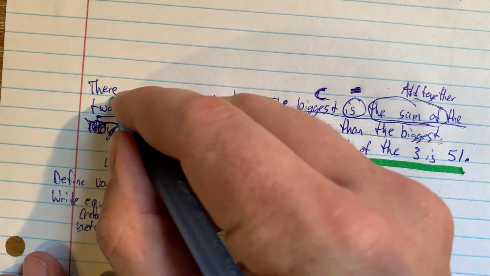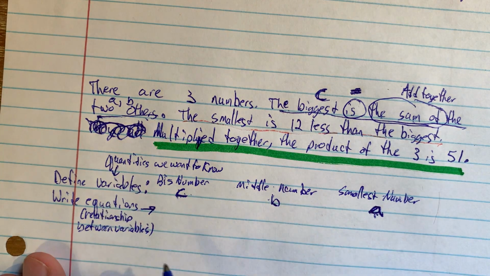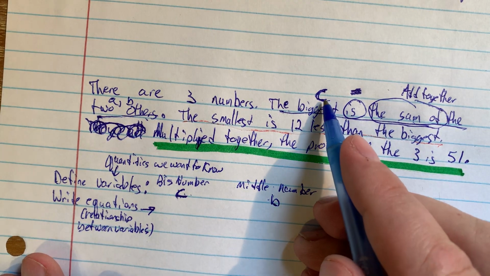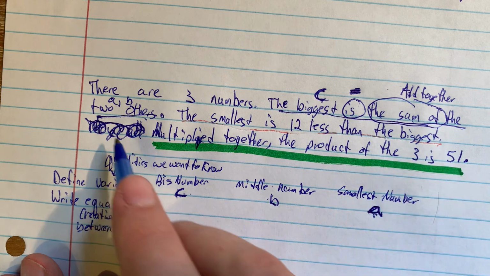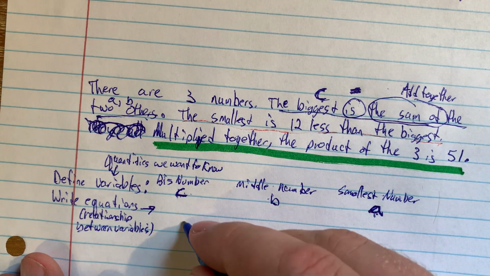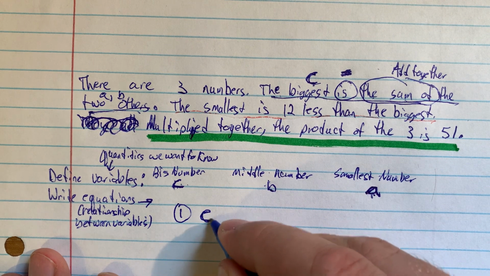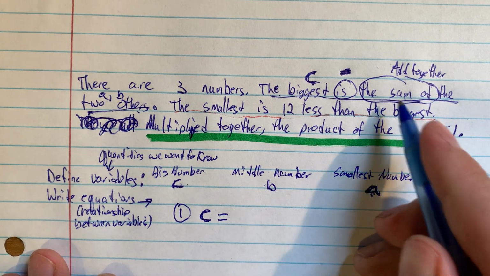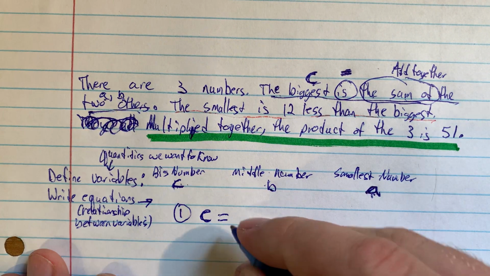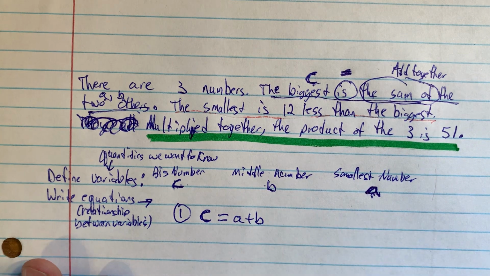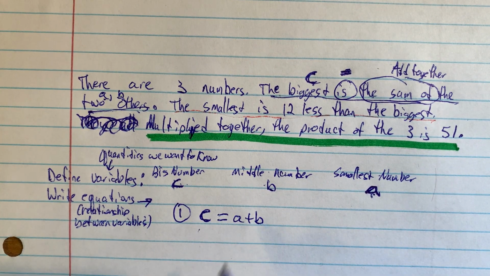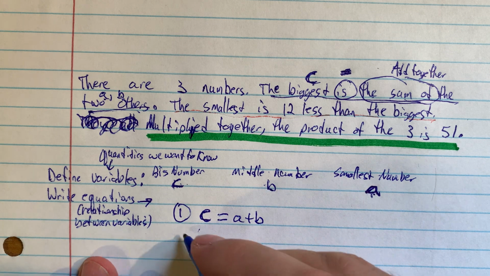That's the smallest one and the middle one. So this says the biggest one is the sum of the 2 others. So my first equation, and I need 3, is going to be that the biggest one is the sum of, I need to add together A and B. So A plus B. C is A plus B. The biggest one is the sum of the 2 others. Hopefully we feel good about that.